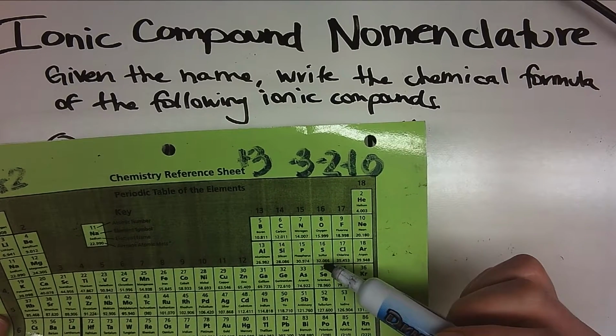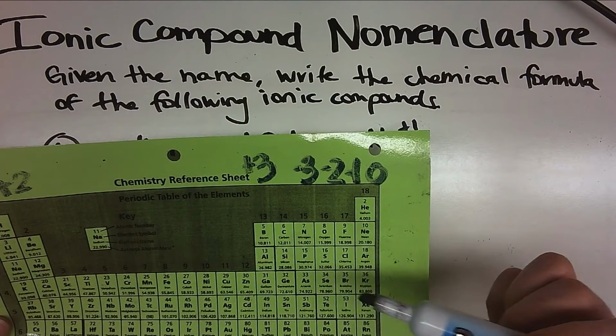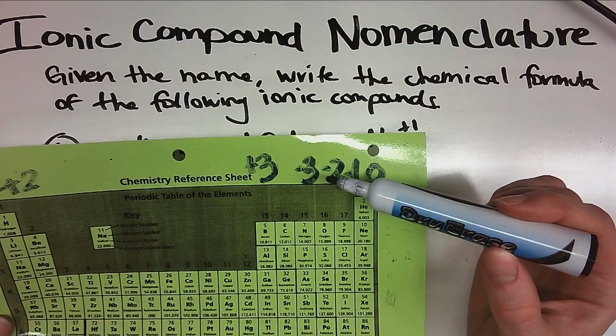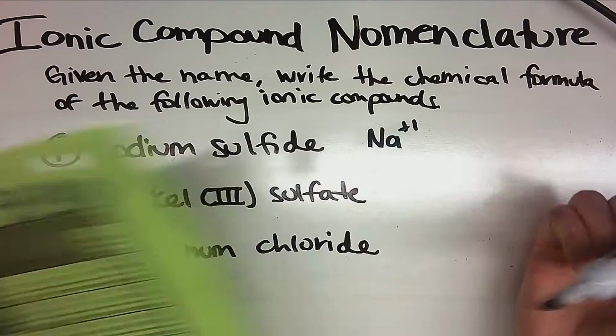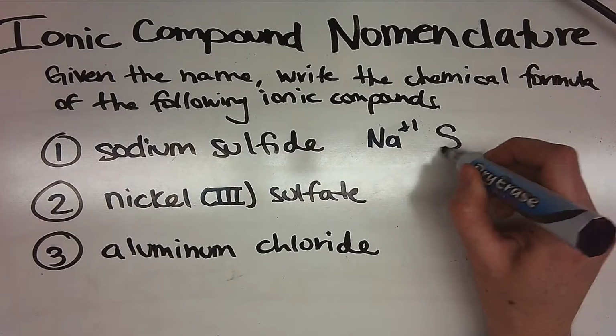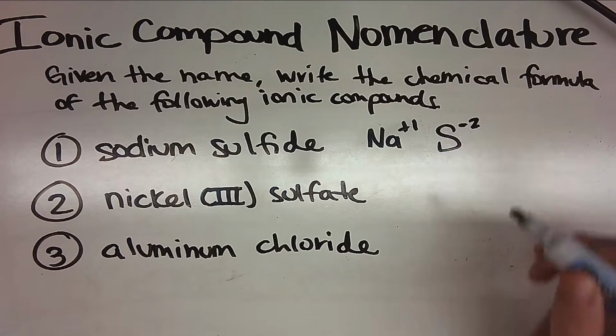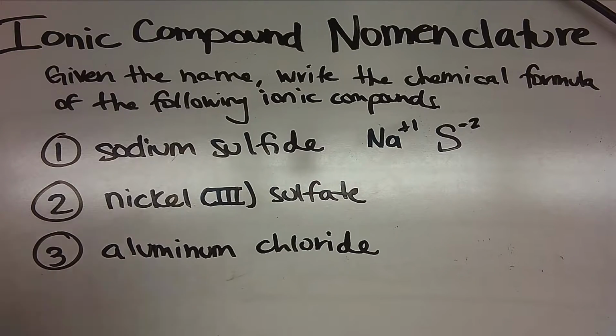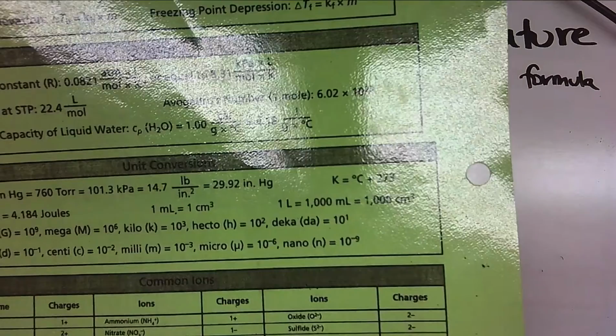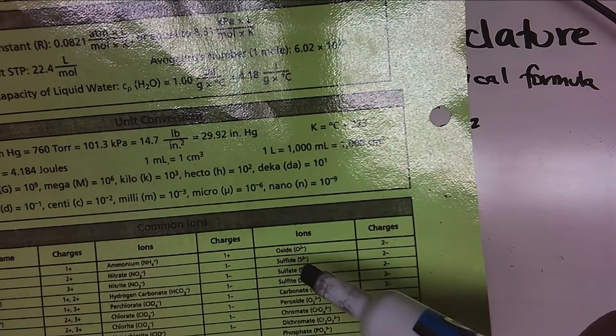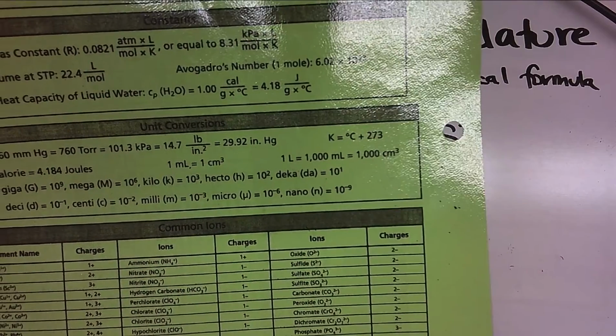So sulfur becomes sulfide when it gains 2 extra electrons. So sulfide is S-2.